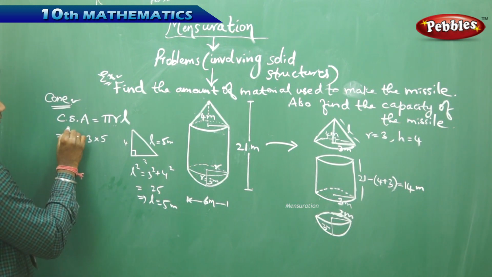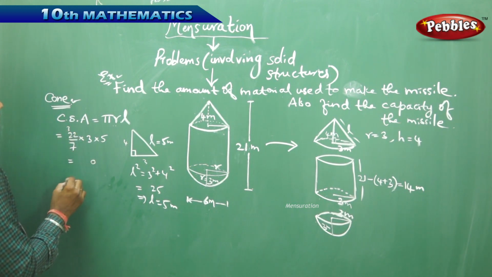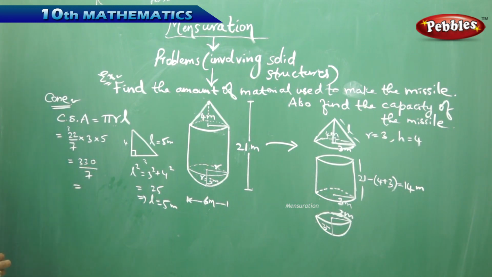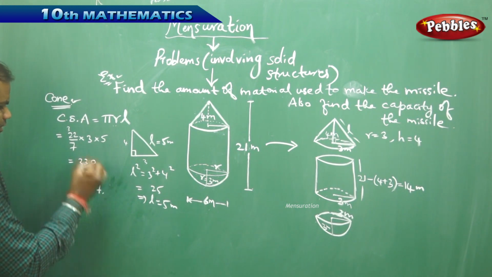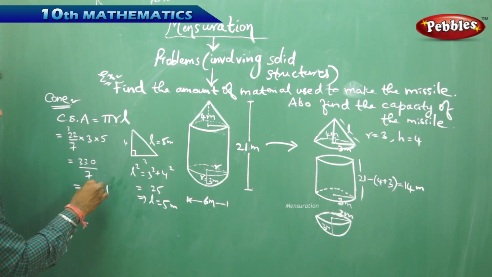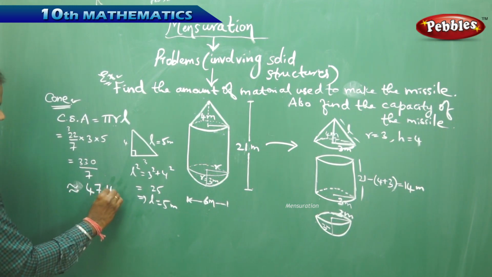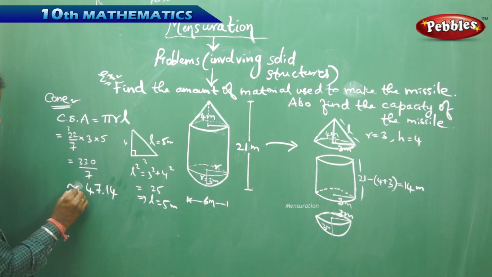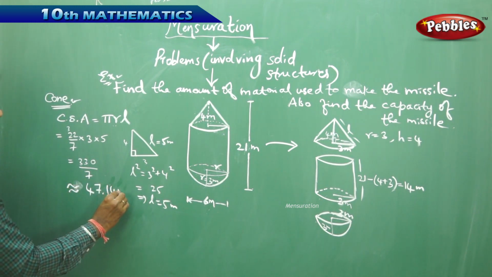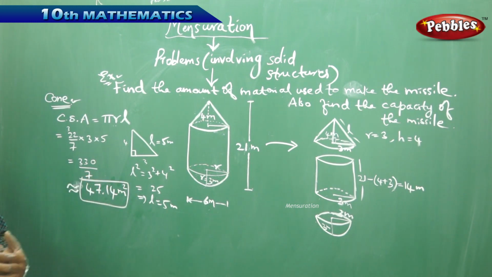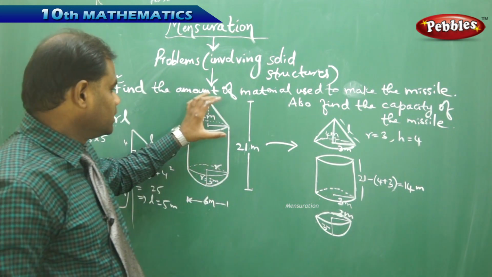So 5 3s are 15, 15 2s are 30, which is 330 by 7, which is approximately 47.14 meters square.